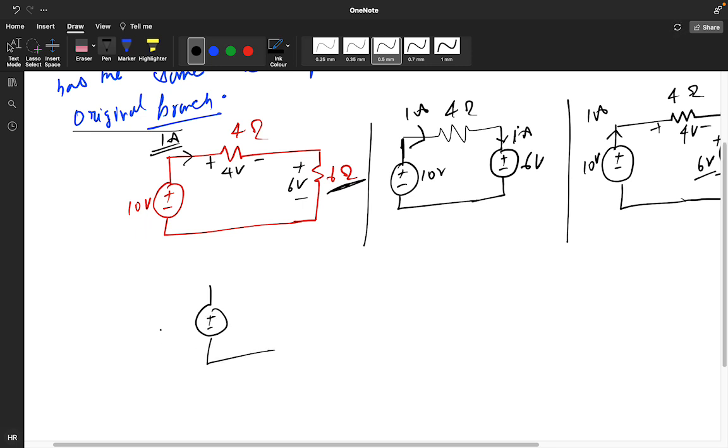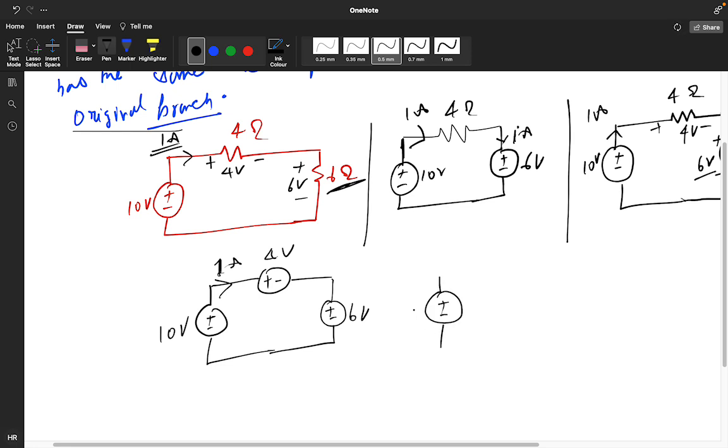We can do like this also. Positive negative 10 volt, this is positive negative 4 volt, this positive negative 6 volt, which has a current of 1 ampere. We can do like this also. Positive negative 10 volt, this is my 6 ohm resistor, and I can make this a 1 ampere current.